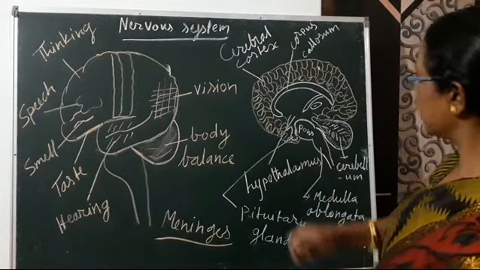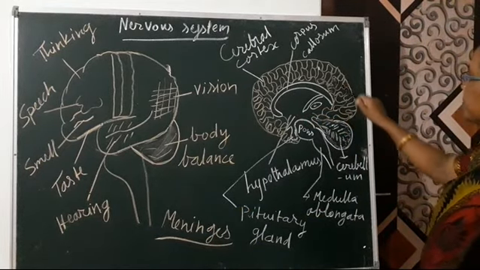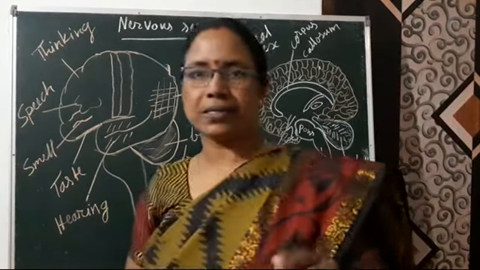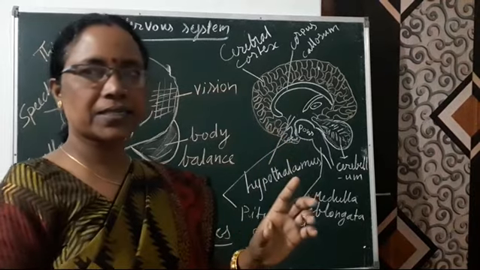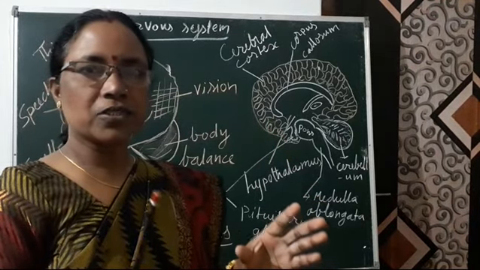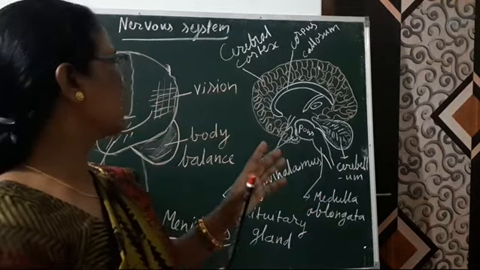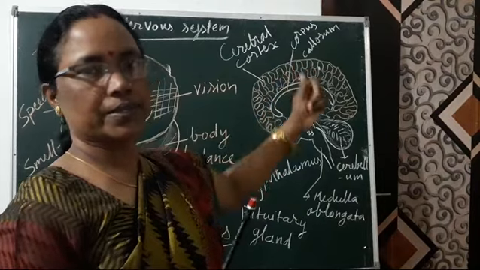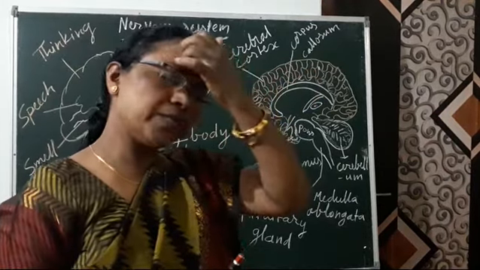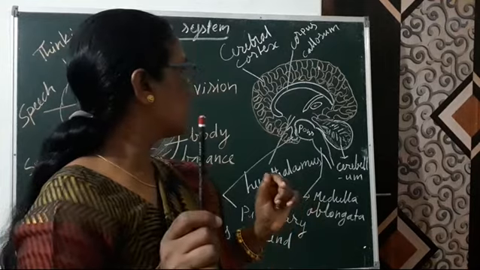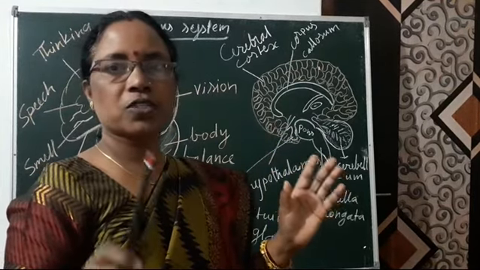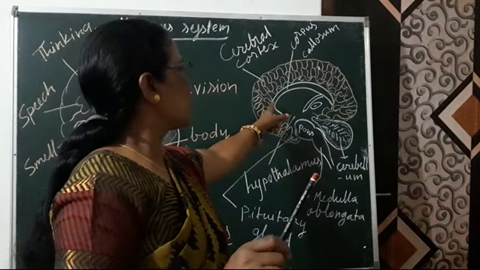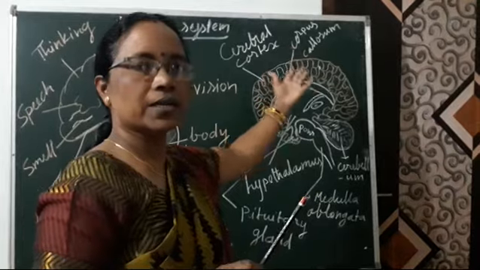And one more thing was left, that was corpus callosum. You can see here a hard body, the corpus callosum. The corpus callosum connects the two cerebral hemispheres, and its function is to transfer the information from one cerebral hemisphere to another.